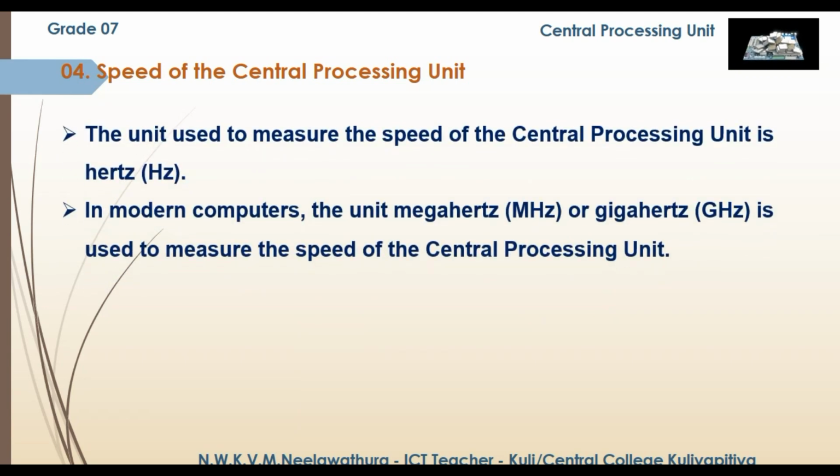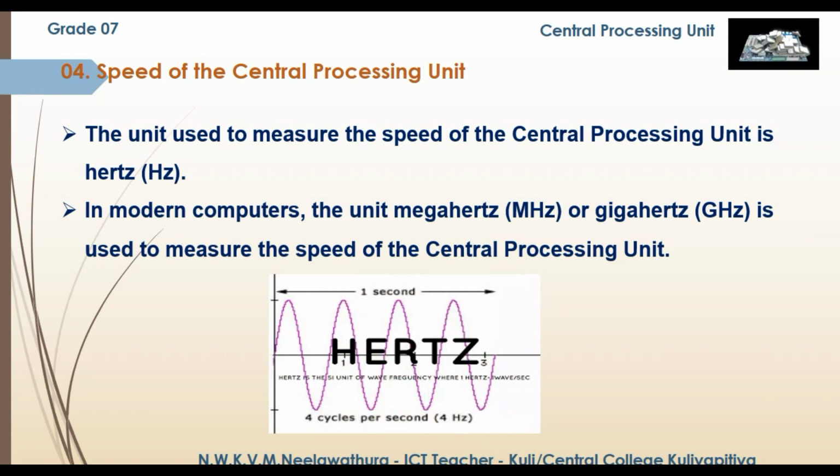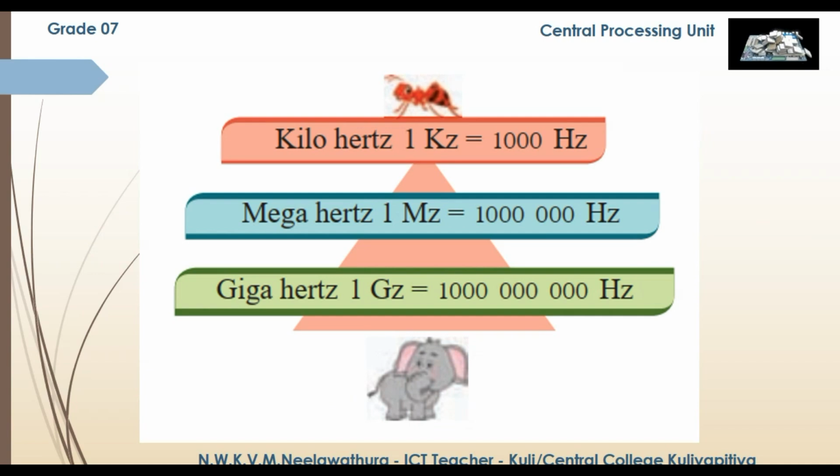The unit used to measure the speed of the central processing unit is hertz. In modern computers, the unit megahertz or gigahertz is used to measure the speed of the central processing unit. Look at this: kilohertz, megahertz and gigahertz.